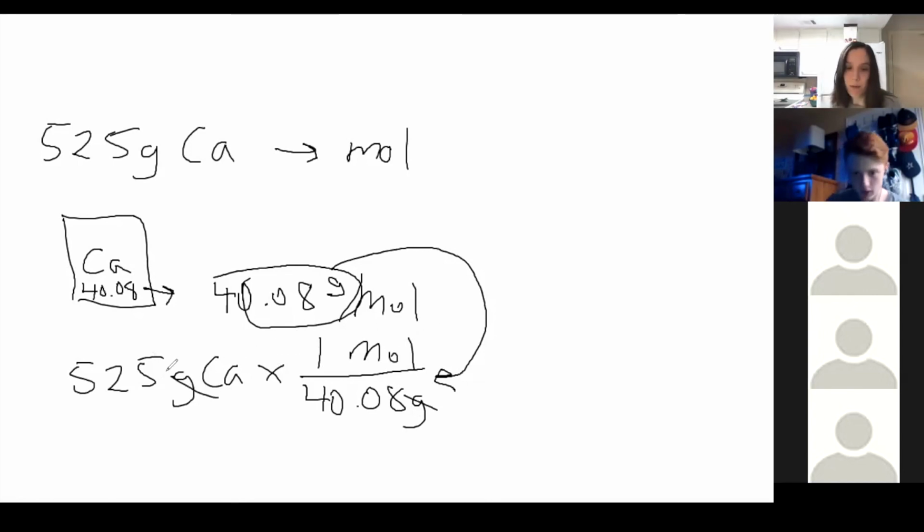So we divide by the molar mass if we have grams and we want to go to moles. We multiply by the molar mass if we have moles and we want to get to grams. So we do 525 divided by 40.08, and that gives us 13.1 moles. And again, the abbreviation for mole is just MOL. We leave off the E at the end.